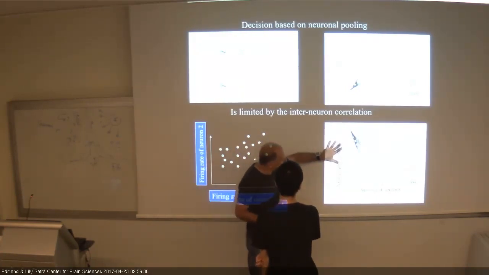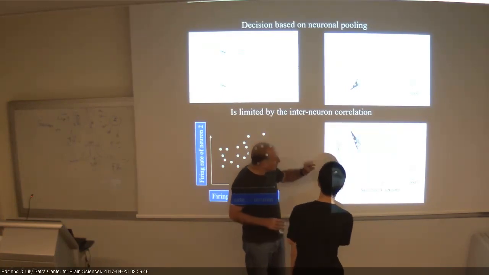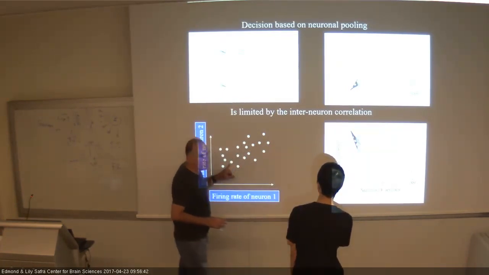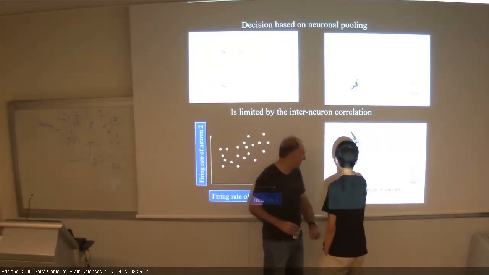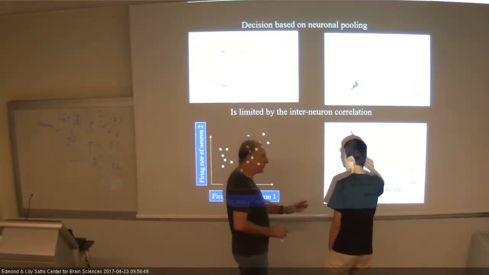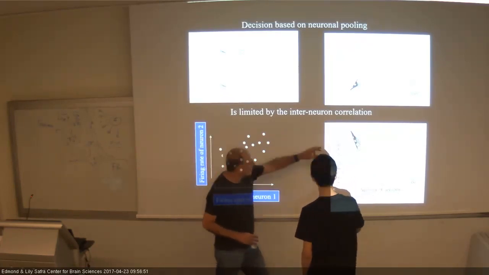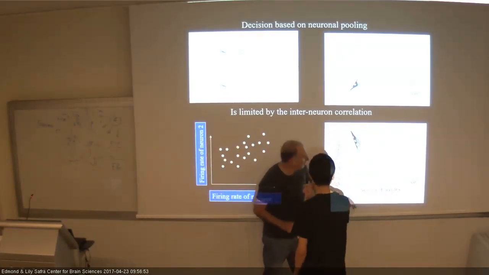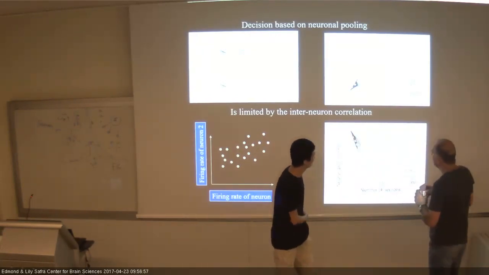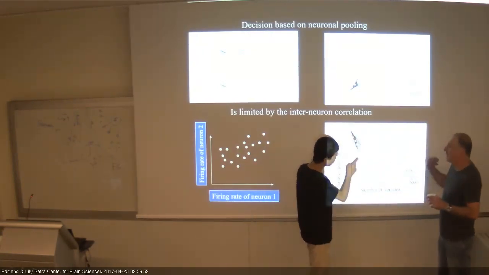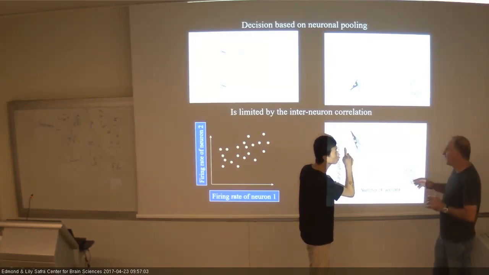And again, the figure here shows there was no correlation between individual neurons in the firing rate. So now you understand that graph. But that is the surprising thing here. Is this a simulation, or real data?